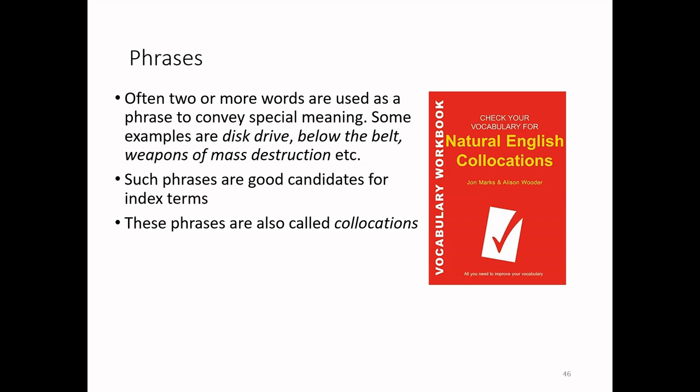So instead of using weapons separately, mass separately, and destruction separately, weapons of mass destruction conveys much more meaning, and you would be advised to use that phrase as your indexing term. All right. So there are resources available which tell you what are the commonly used phrases, and one can actually use them while building the indexing terms. All right.